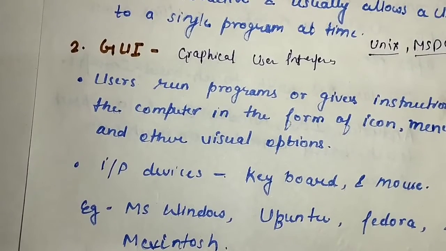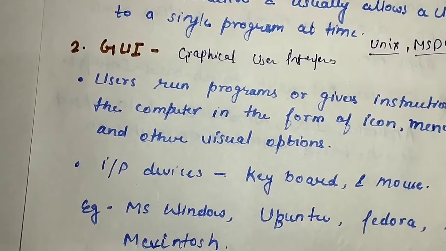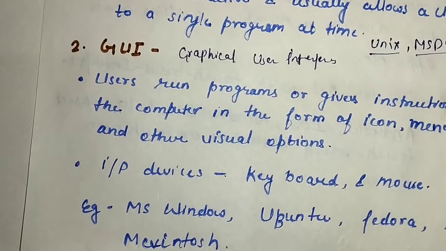So another interface is GUI, that is graphical user interface, in which user runs program or gives the instructions to the computer in the form of icon, menu and other visual options.